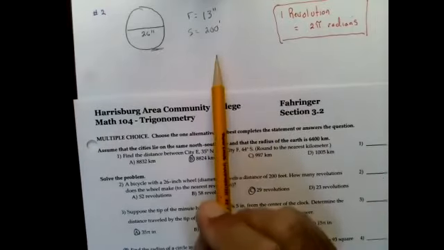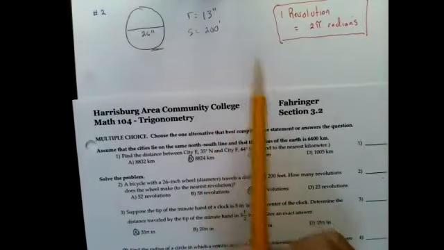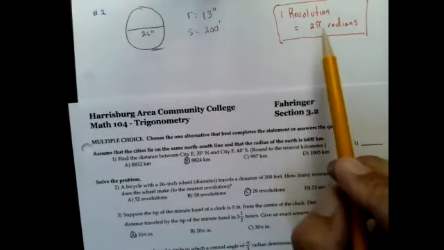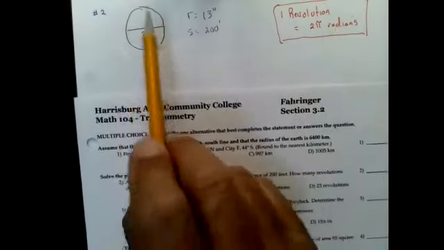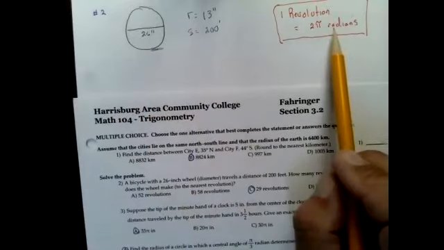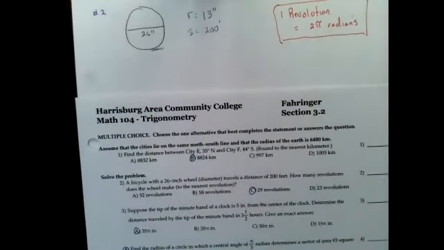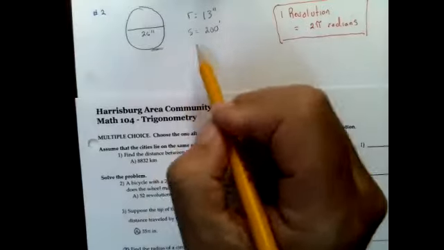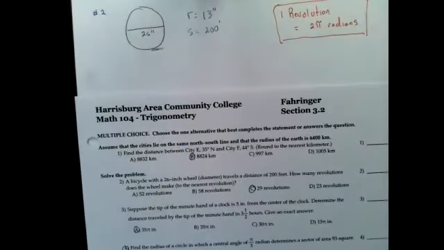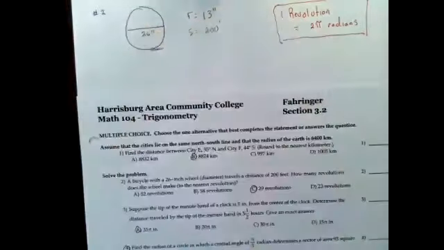How many revolutions? A revolution is one time around. So I have a new note to make: one revolution equals 2 pi. So how many revolutions is really how many times around, how much angle did I go around?